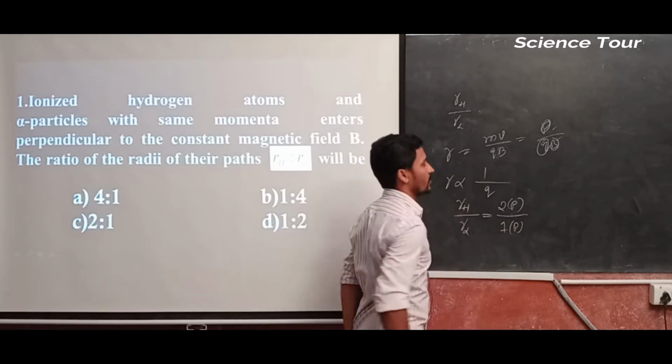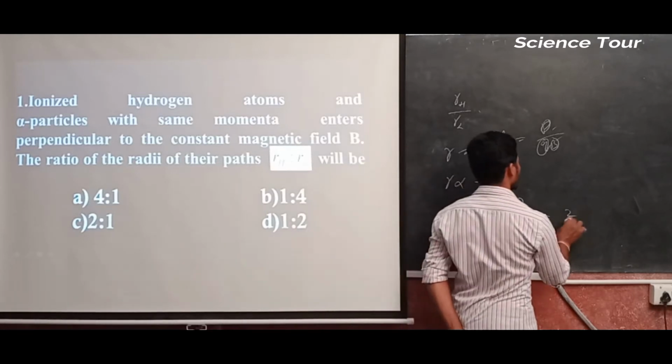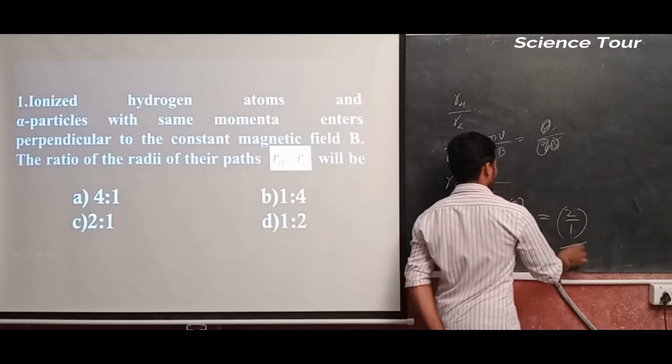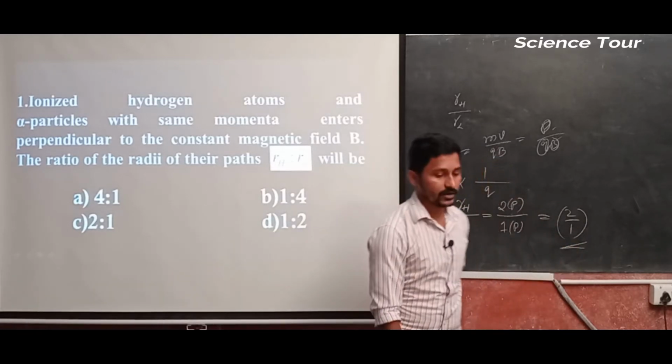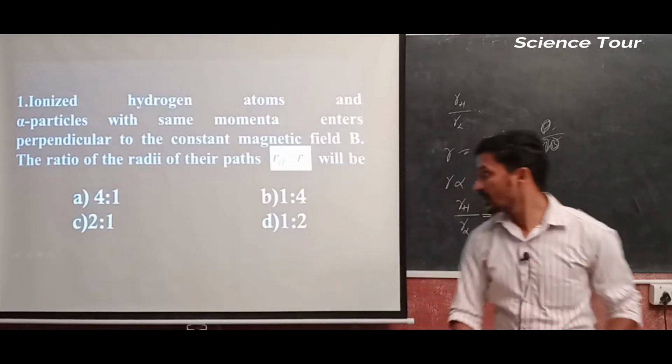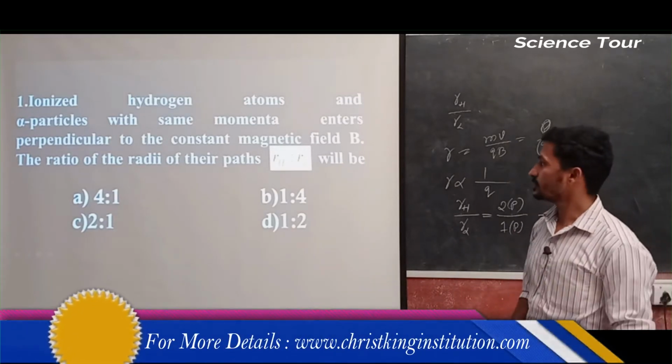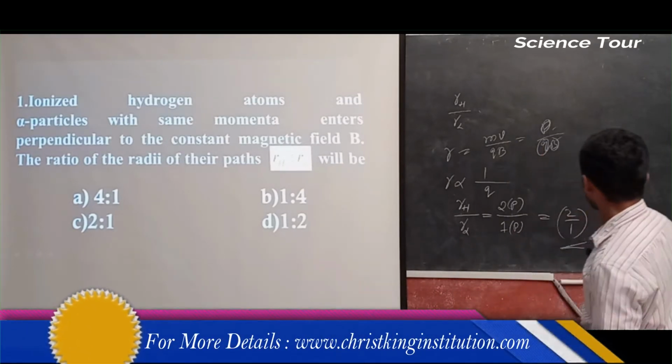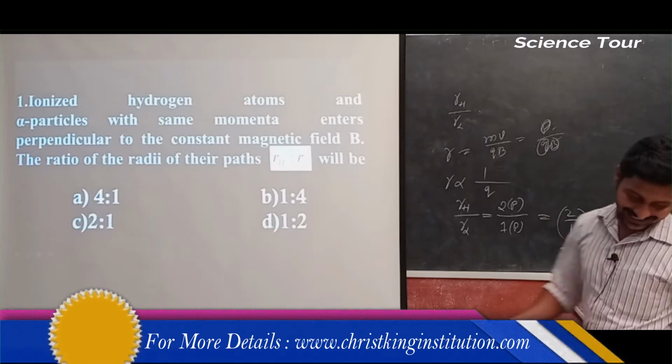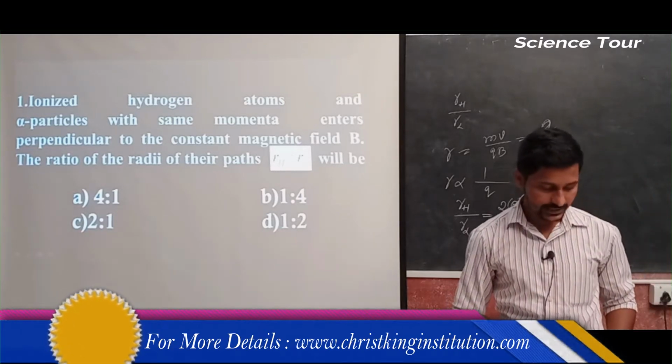Inversely proportional, so I can write it is 2:1, simple. So the ratio of the radii is 2:1, the answer is C.